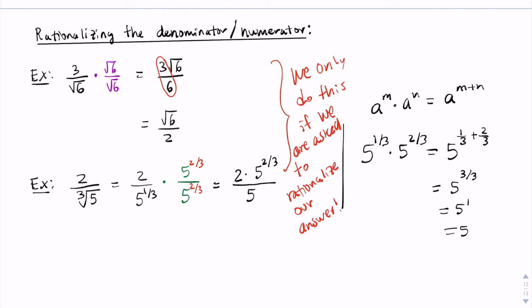For example, if you're working a test problem and you get this as the answer, that's perfectly fine. But if the question tells you to rationalize your answer or the denominator of your answer, then you will want to give me that rather than the other one. So it's not a big deal.